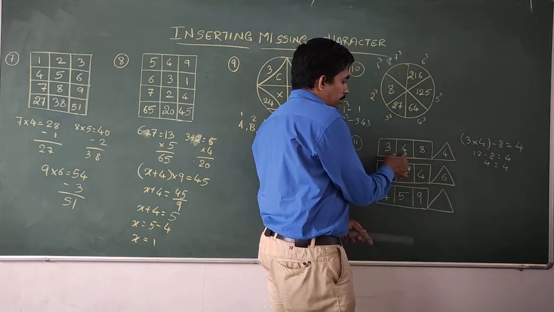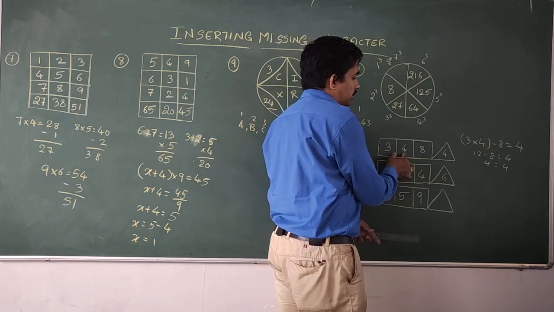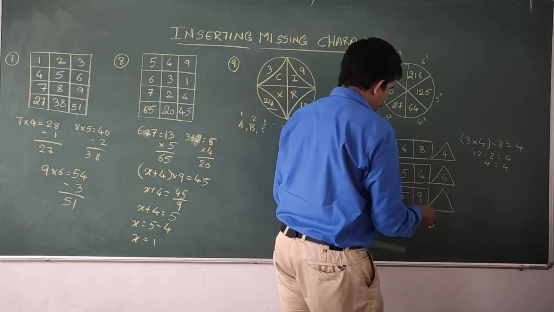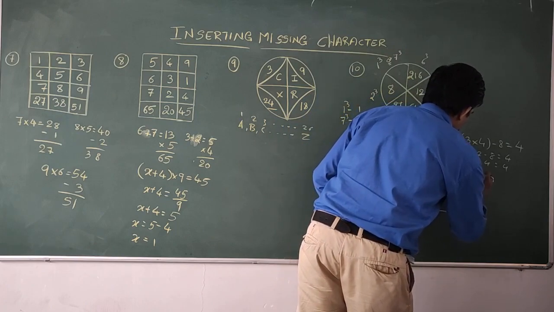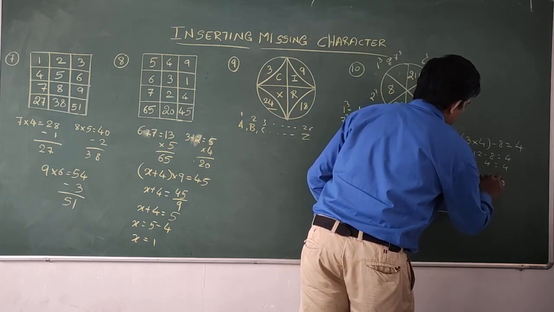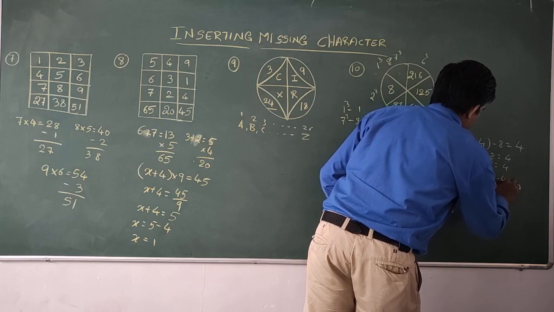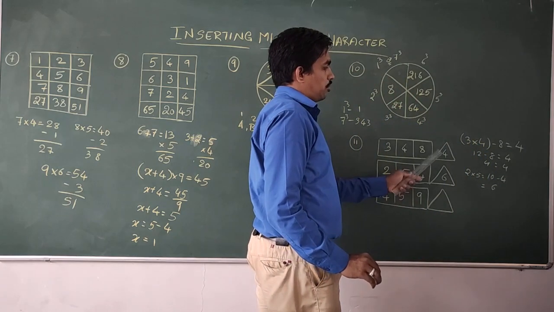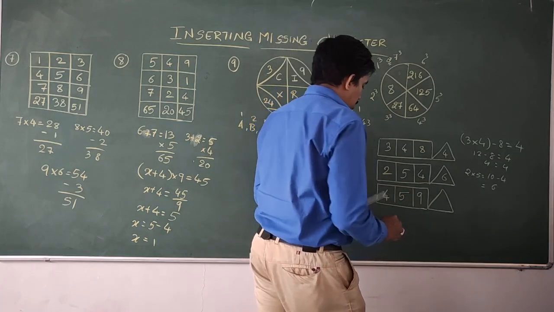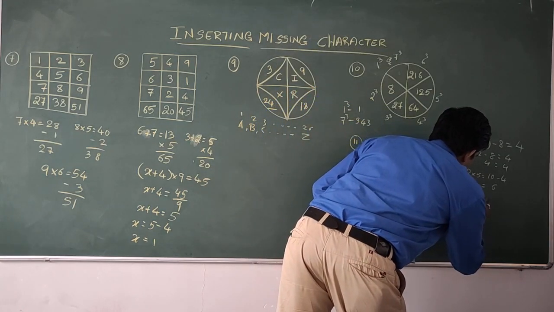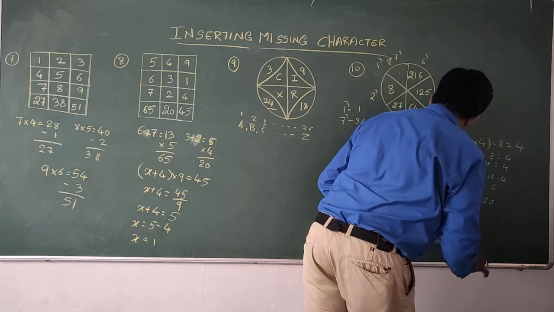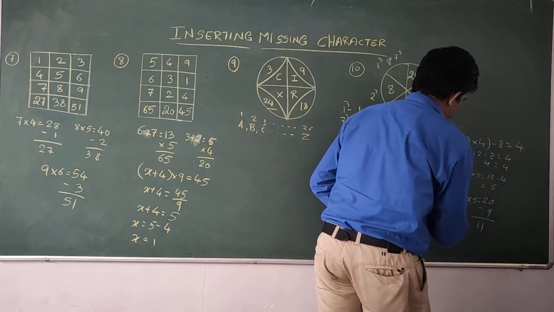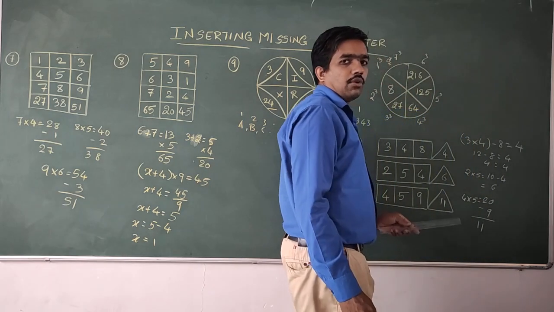So first you have to multiply these two numbers and then subtract from 8. You will get this number. And the same way, 2 into 5, that is 10, minus 4, that is 6. So same logic we have to apply for all three. And the same way 4 into 5 equal to 20 and then minus 9, it is 11. So here our answer is 11.